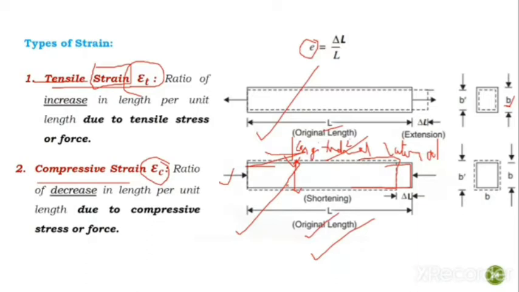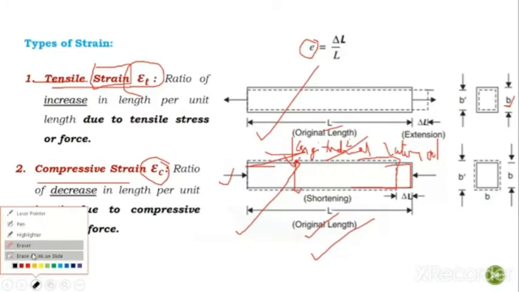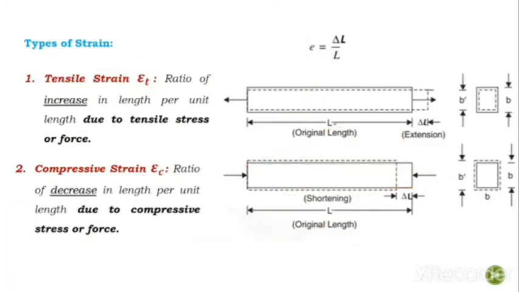Okay, so now as you can see in this first figure, let me just clear this for once. Delta L by L, the change in longitudinal length divided by its original length, will give epsilon, which is called longitudinal strain.